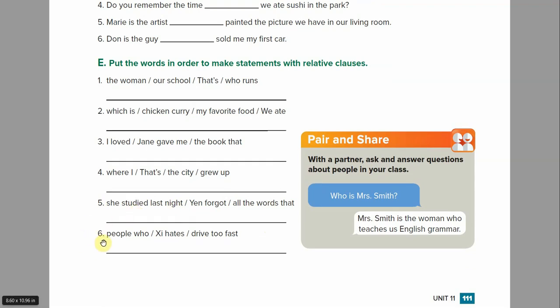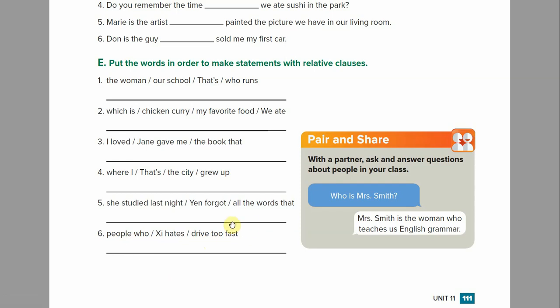And the last one, number six, same. Here you go, that's a name, but that's the only one. So we have people who Zai hates drive too fast. Zai hates people who drive too fast, period. Zai hates people, which people? Who drive too fast.